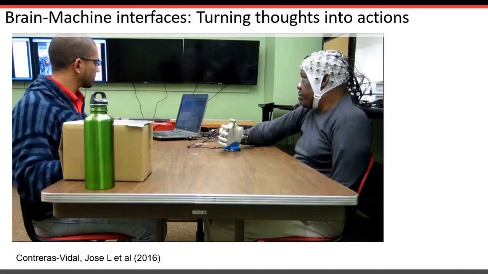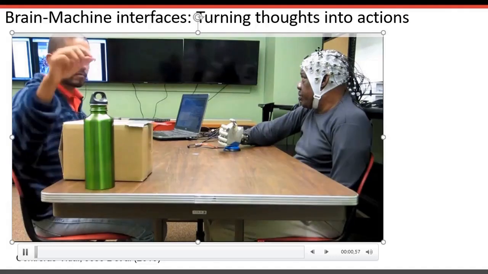In this example, we see a brain-machine interface that is based on a non-invasive approach. As you can see, the participant, or subject, has electrode caps picking up brain signals in a non-invasive manner from outside the brain, from outside the scalp.